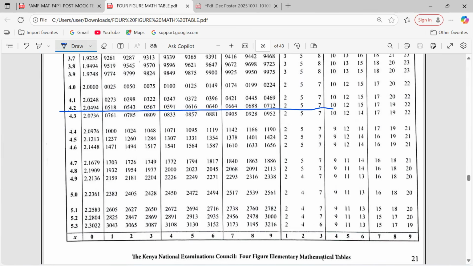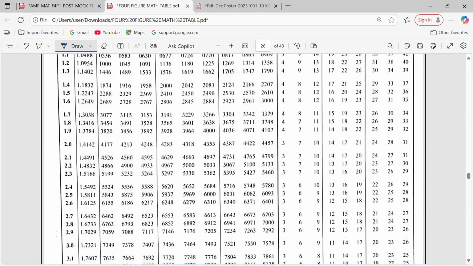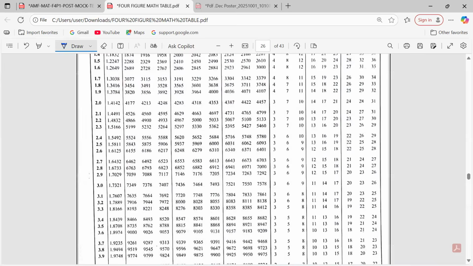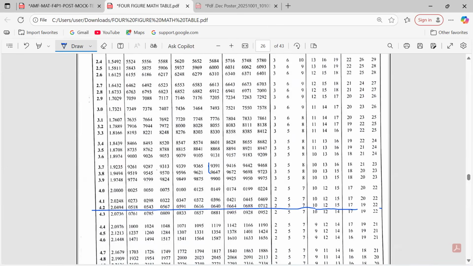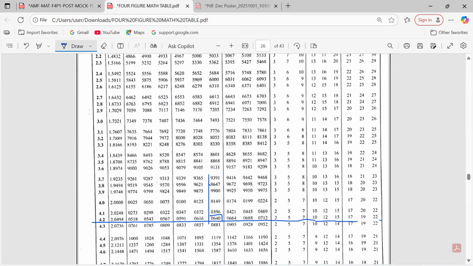That is the row that we shall operate with. So 4.268, 6 at 6. The column with 6, we get down through that, which is this one. So we have 2.0640.